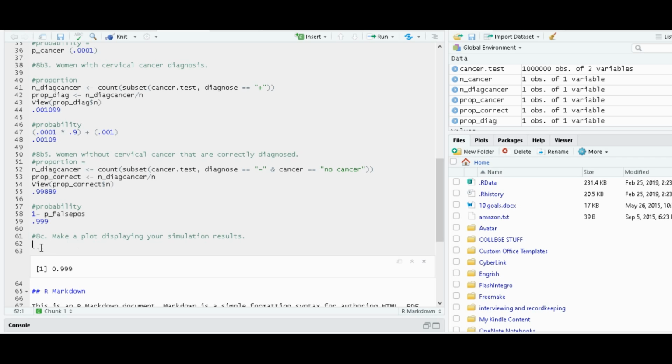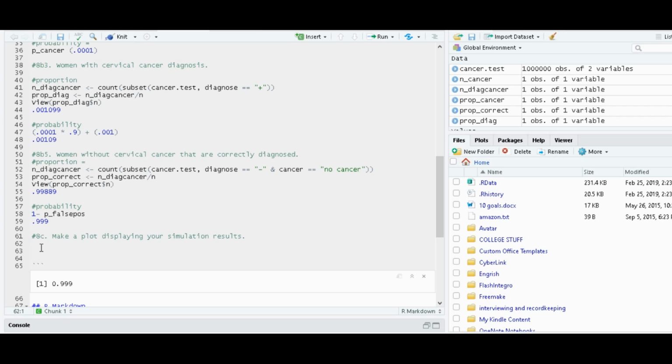And now we make a plot showing this, which we can just use ggplot. All hail the mighty ggplot. So, you know how to do this? Yes. So our x is going to be, for one of them, cancer.